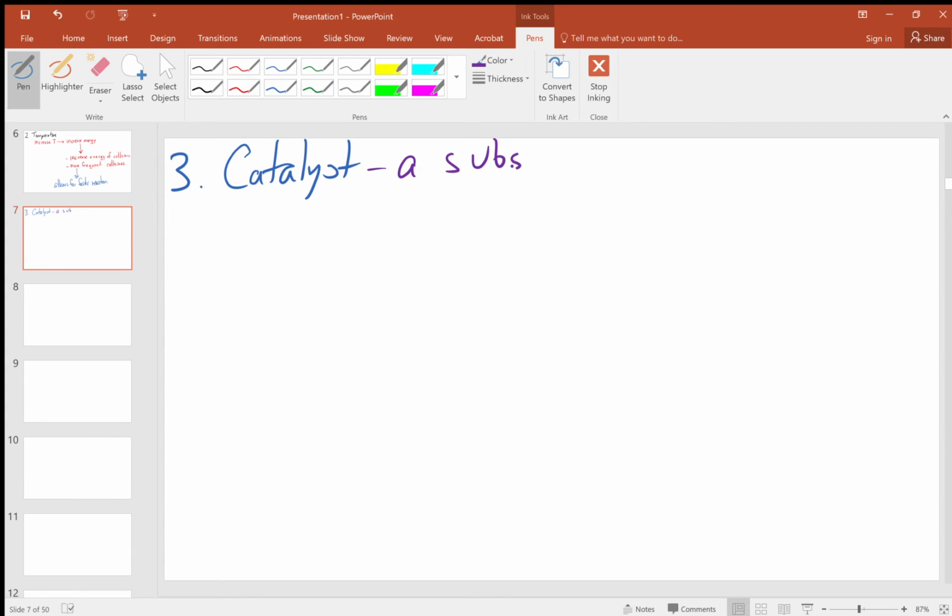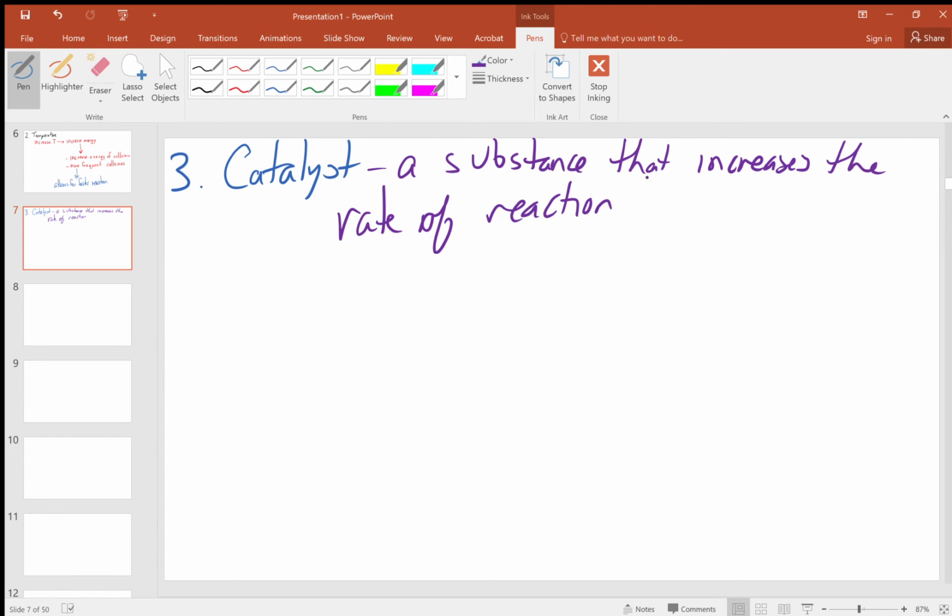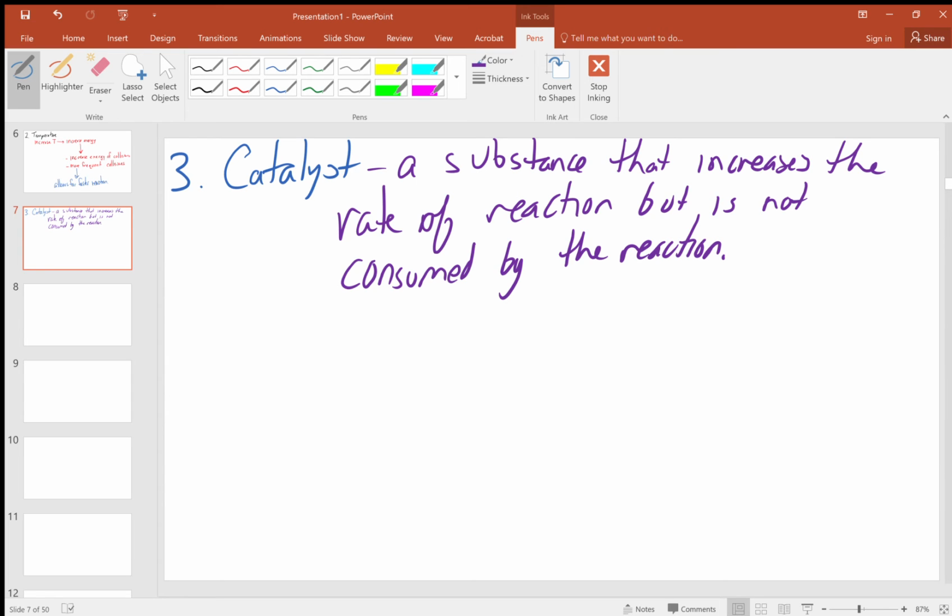A catalyst is a substance that increases the rate of reaction but is not consumed by the reaction. All right, and in a little while we'll talk more about how that works.